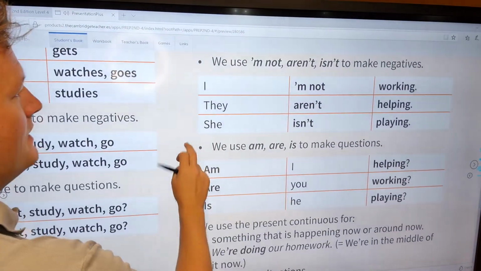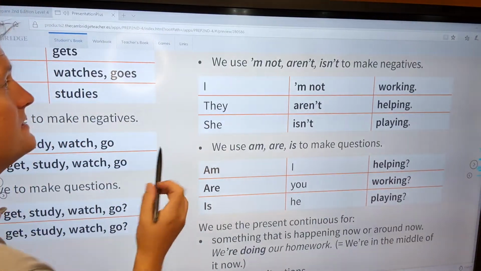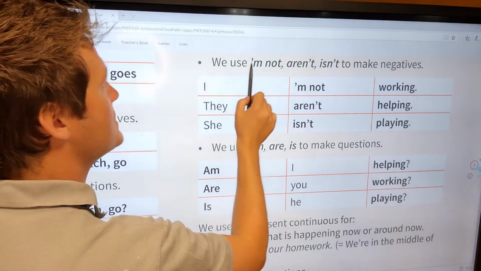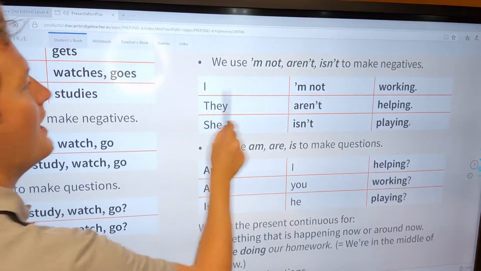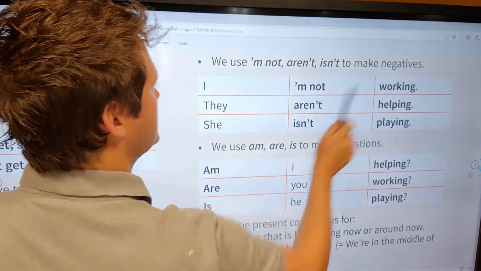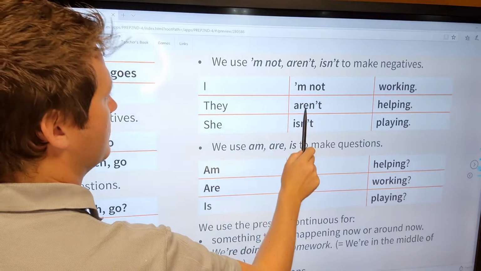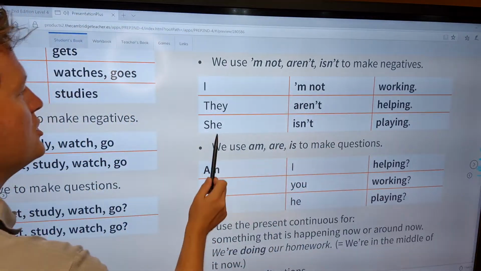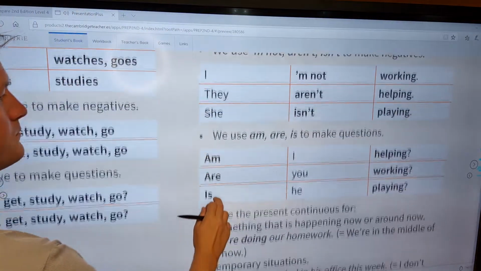Okay, so how do we make a negative sentence in present continuous? It says we use am not, aren't, isn't to make negatives. I am not, I'm not working. I am not working. They are not or aren't helping. She isn't or is not playing.